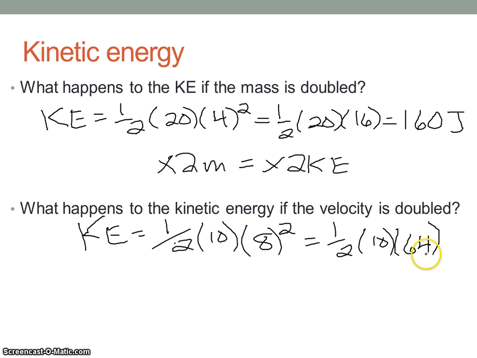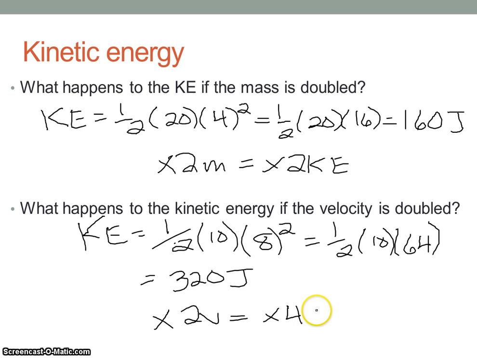Okay, so 64 times 10 is 640, and half of 640 is 320 joules. So it looks like if you double the velocity, the kinetic energy goes up by a factor of 4. And that's all because of this little thing right here. That squared really has an influence on the amount of kinetic energy.